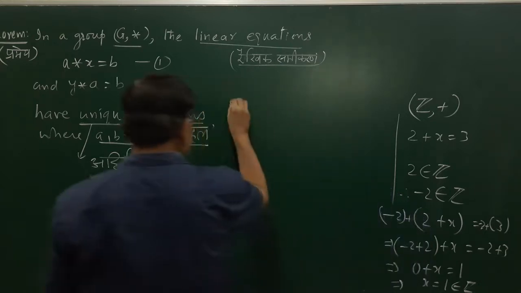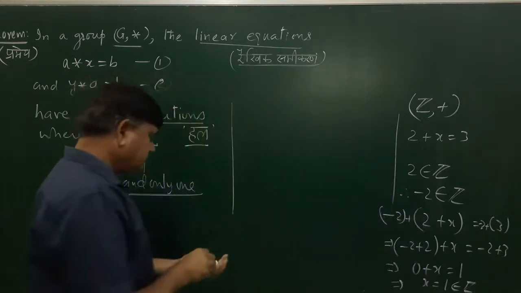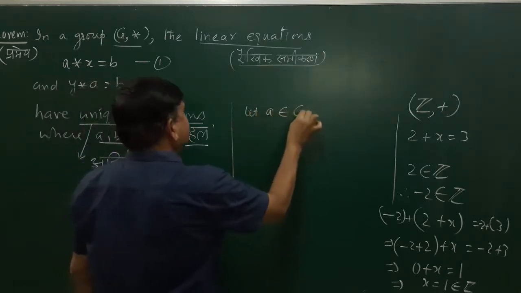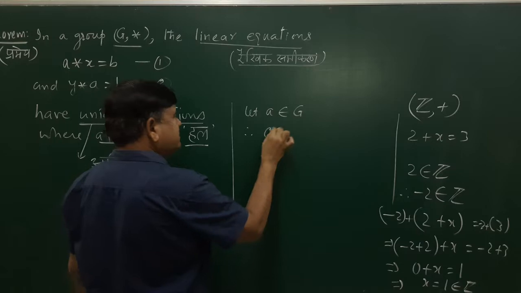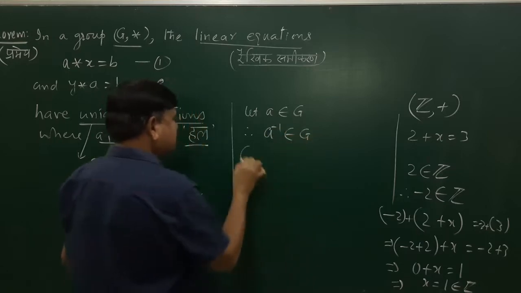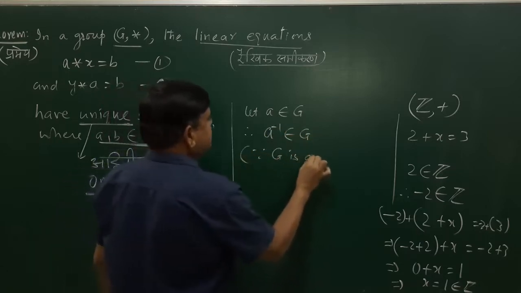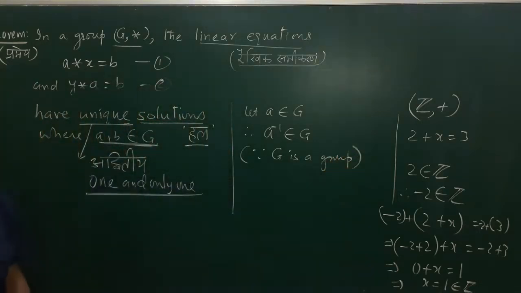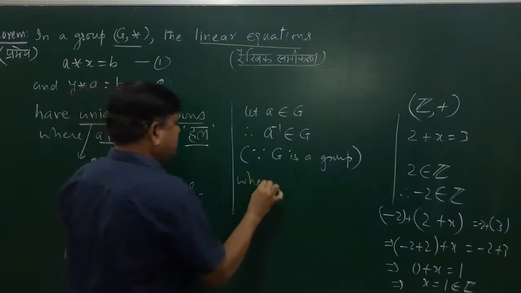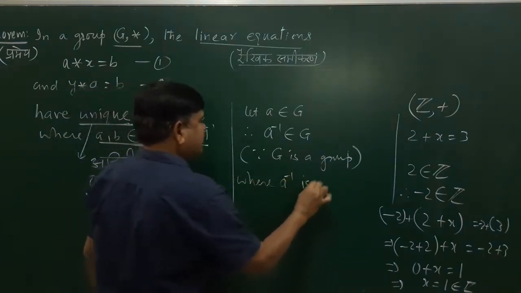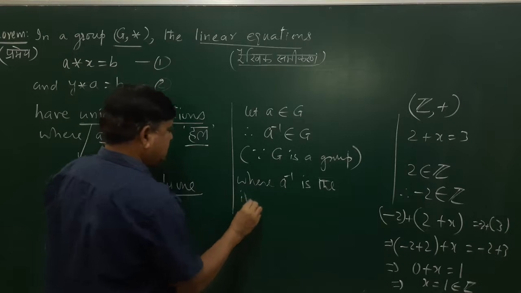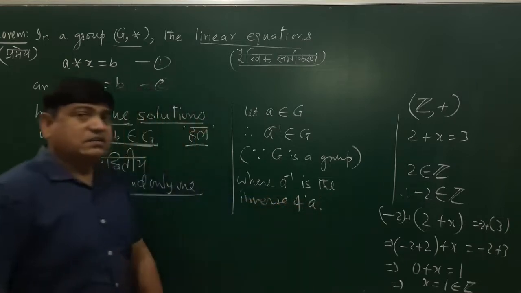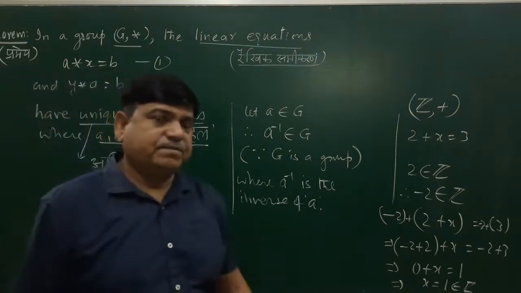So continue this. Let A belong to Z. Therefore, since Z is a group, there exists an inverse of A. Clarity होनी चाहिए.